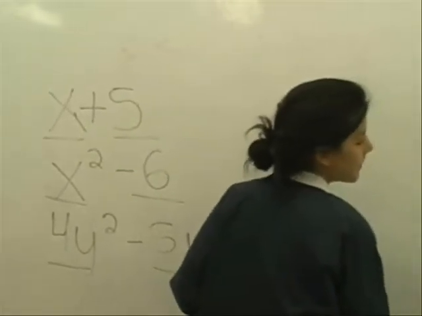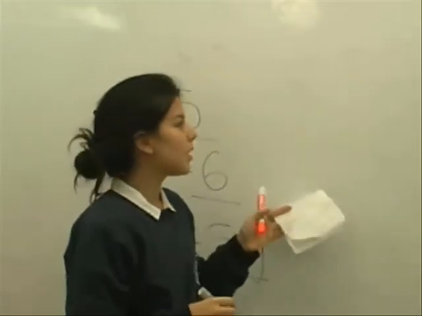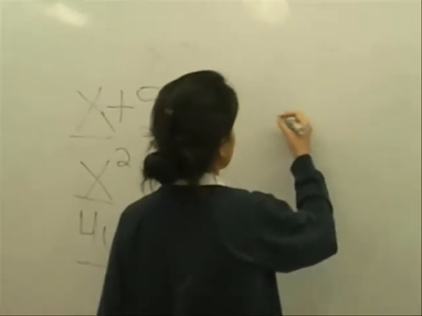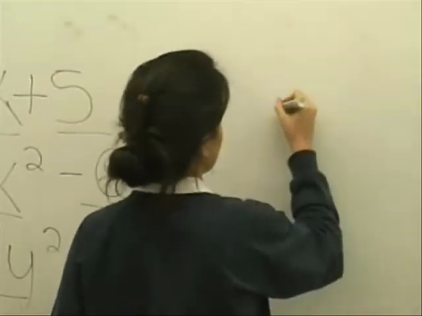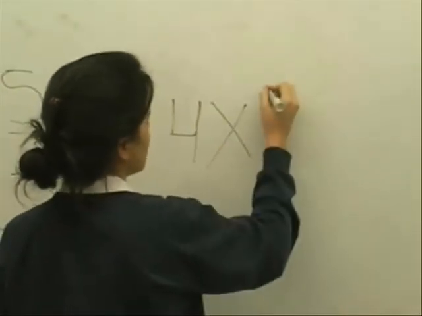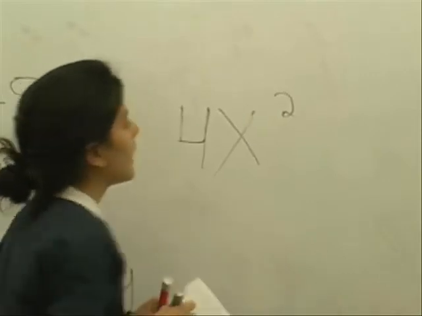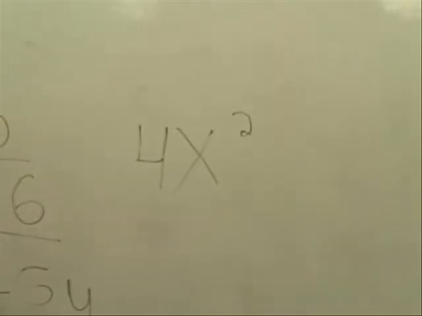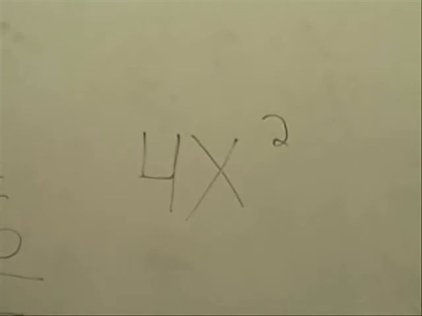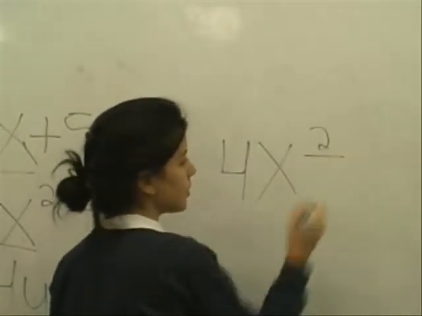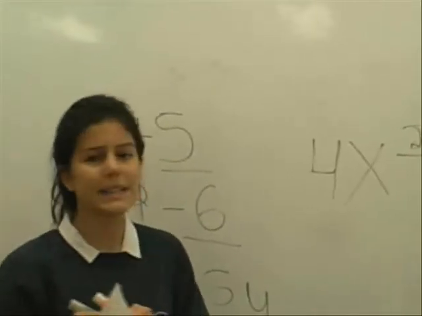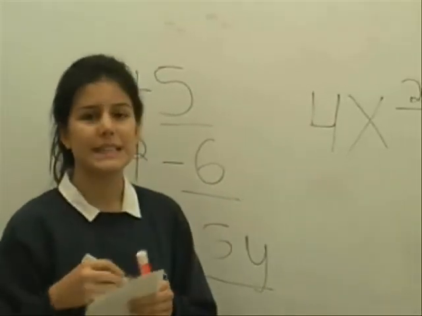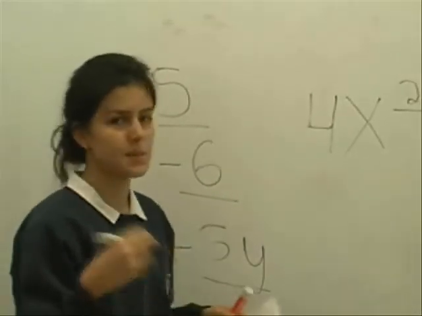So, for a term of a polynomial in one variable, such as 4x to the power of 2, the degree of this monomial is the exponent of the variable. So the degree of this monomial will be 2. But in terms of polynomials in 2 or more variables, the degree is the sum of the exponents of the variables.